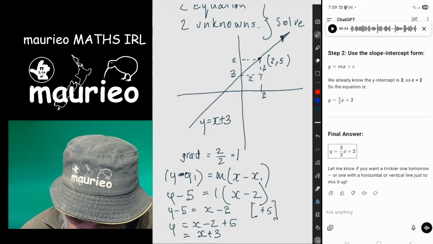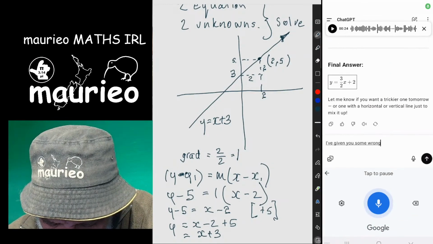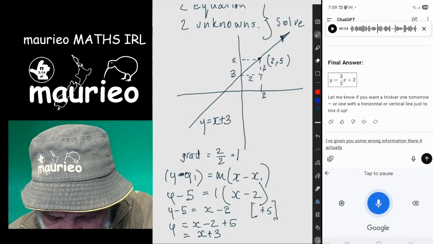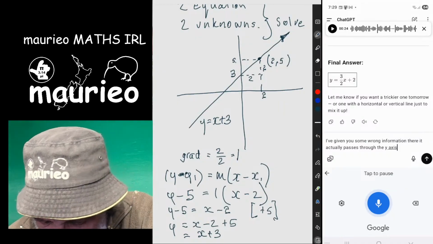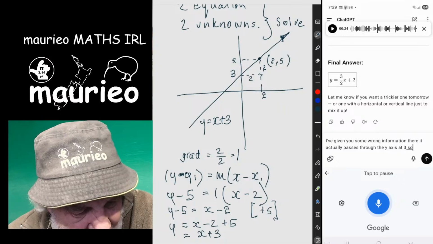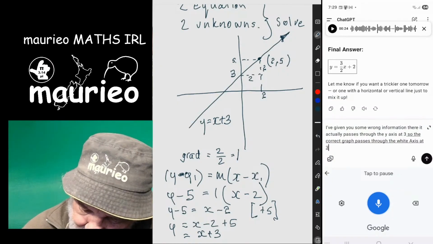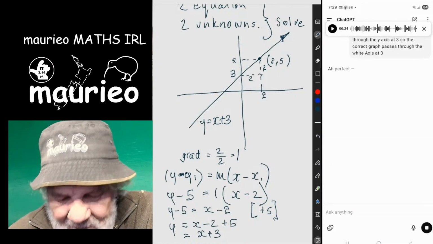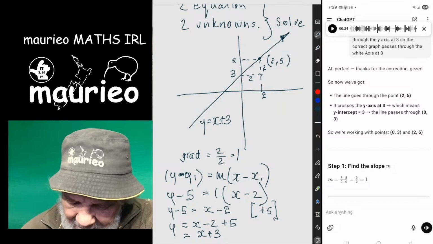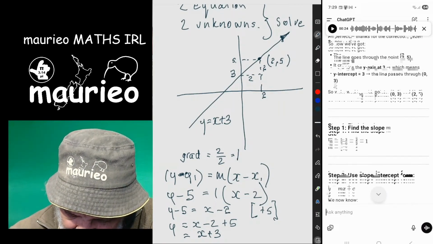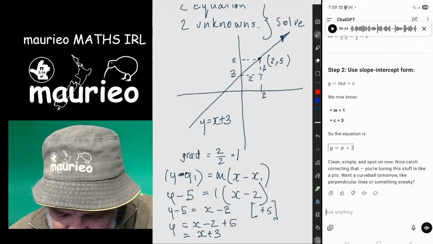Oh, I've given it some wrong information. It actually passes through the y-axis at 3. So the correct graph passes through the y-axis at 3. Oh, well, we learn. So it's important to be exactly right. So there's the slope 1, and now we're onto it. y equals x plus 3. So we've got that right.